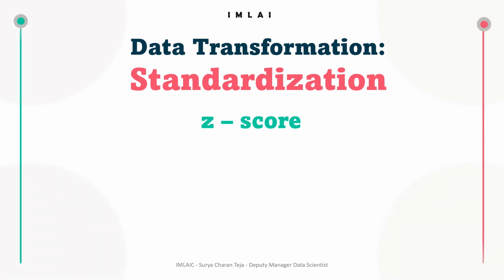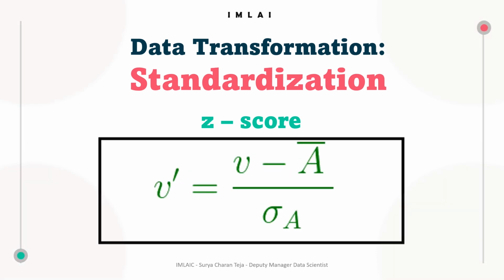We will use the Z-score method for standardization in data science and machine learning. The Z-score normalization method is also known as a standardization method, and we call the Z-score method itself data standardization.